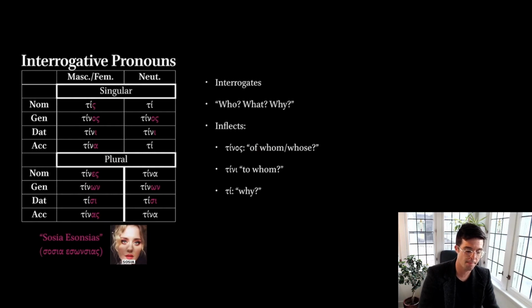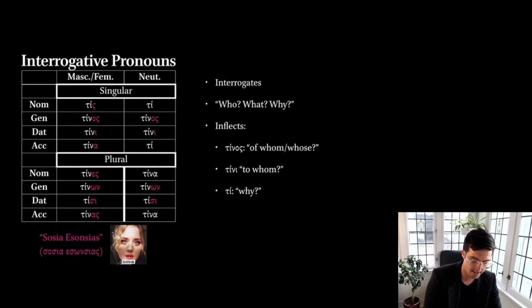So for example, if you have a genitive interrogative pronoun, we're asking whose or of whom, who possesses the thing. Or if you have a dative functioning as the indirect object, to or for whom. So the interrogative pronoun is going to change its form based on its grammatical function in the sentence, or the kind of question that it's asking.